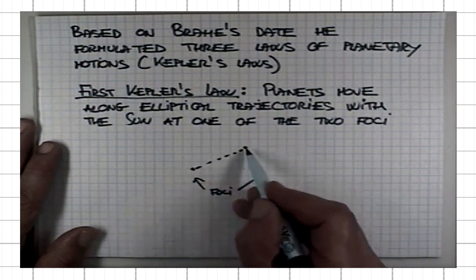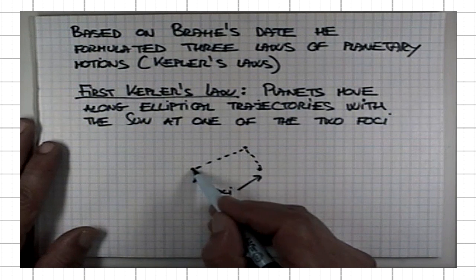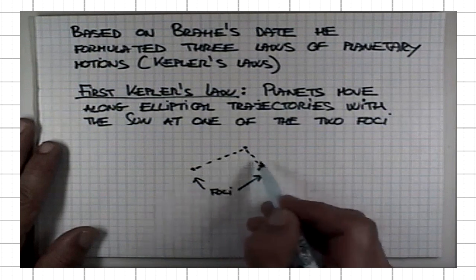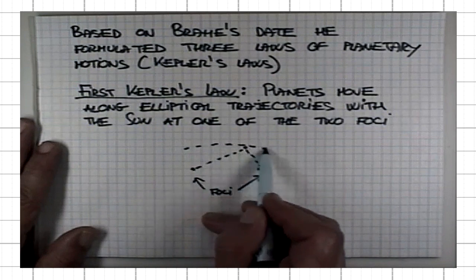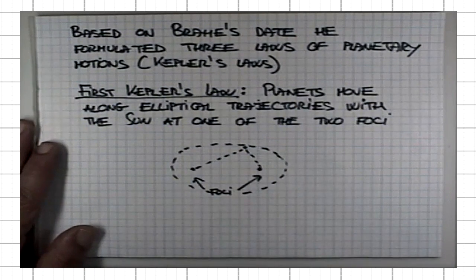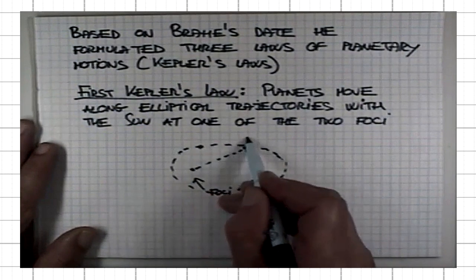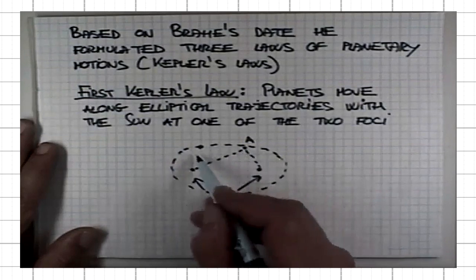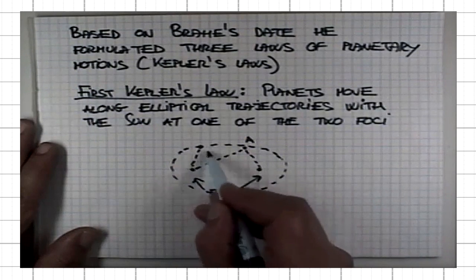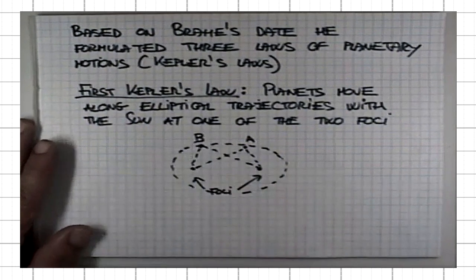So you take a point on the curve which is an ellipse, you measure its distance from one focus to the other, you add them up, and then for all the points on the ellipse, that sum of distances has to be the same. It has to be one value for point A and the same value for point B, and so on. Any point on an ellipse has to have this property.